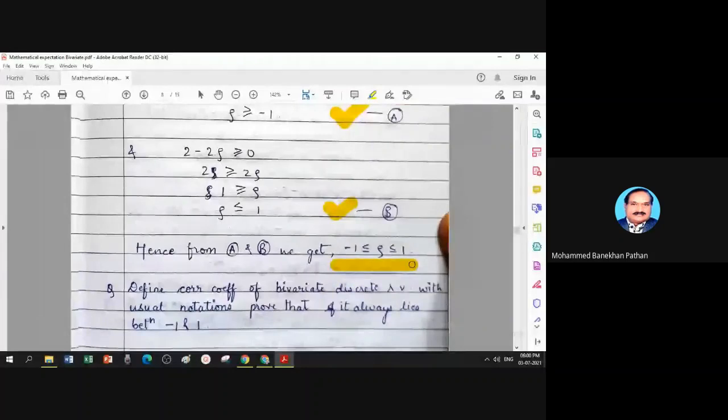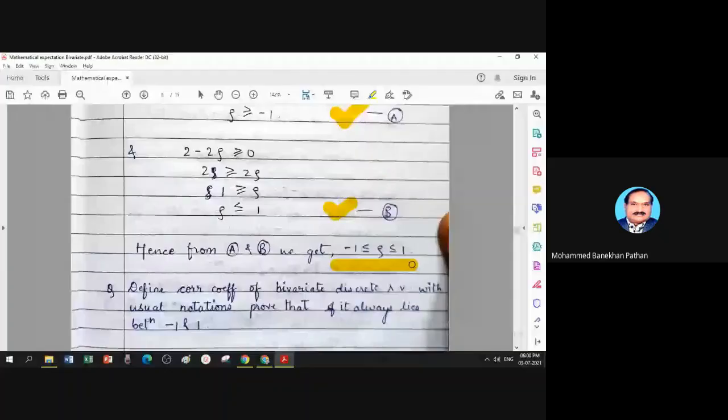Property number 1 says the correlation coefficient is not affected by change of origin and scale. Magnitude is the same, but the sign depends on the sign of the scales.